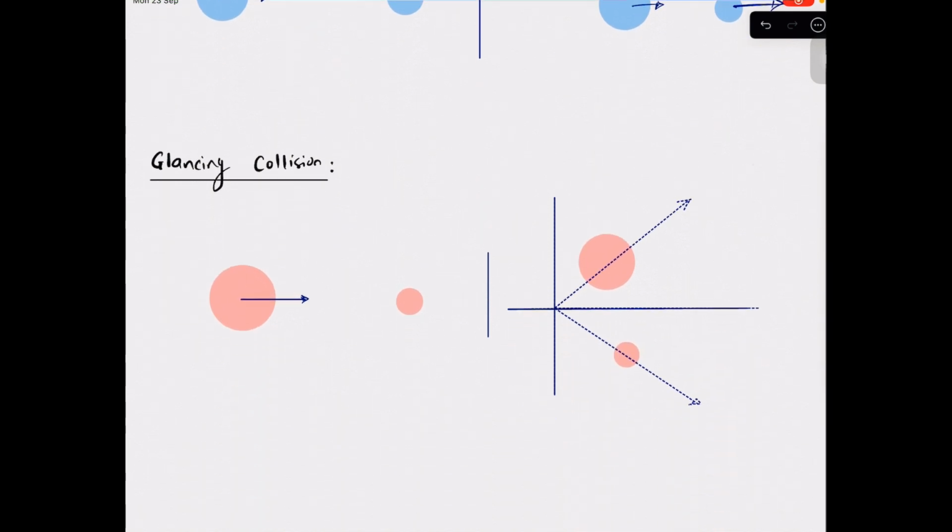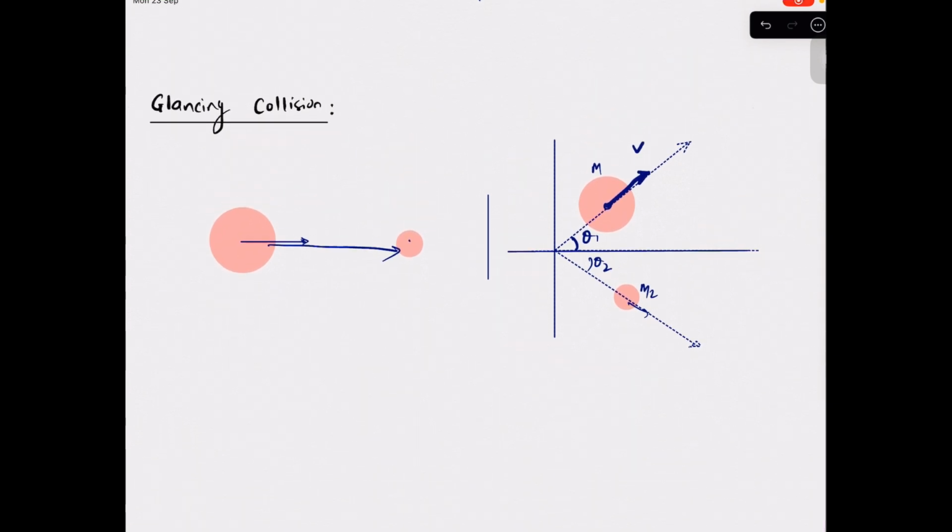In the case of glancing, the object is not colliding head on, it's colliding at this point, and after the collision, the first object moves with a certain speed v1, the second object also moves with a second speed v2, and they make certain angles theta 1 and theta 2. This is called a glancing collision or two-dimensional collision.